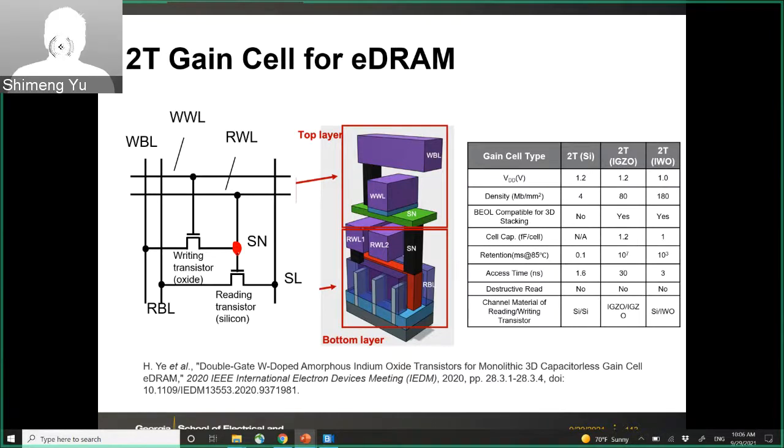What you can do here is to charge up this storage node by the writing transistor. You inject the charges. Let's say you inject positive charges. You can have positive charges here.